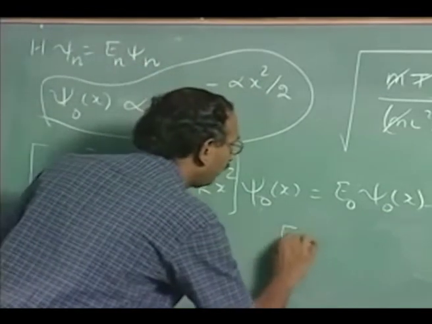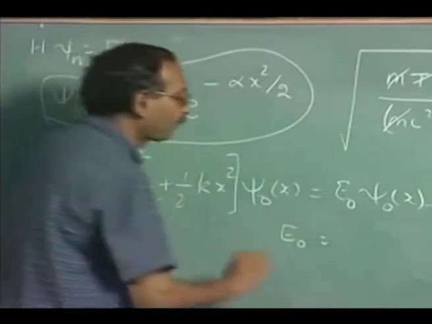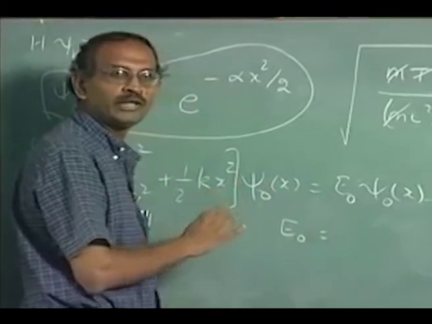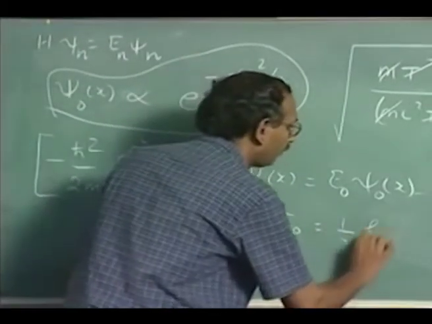What is E naught? We just wrote the expression n plus a half h nu with n equal to 0, so E naught is half h nu.